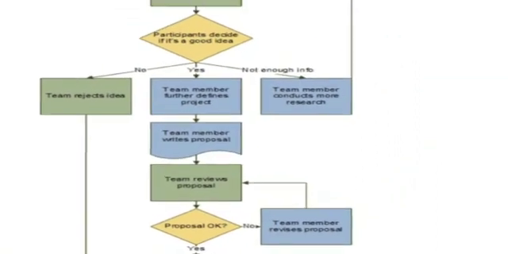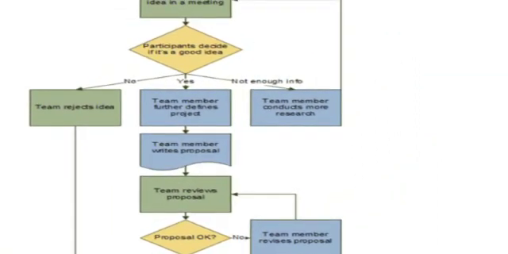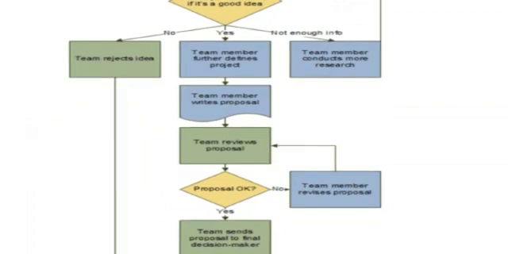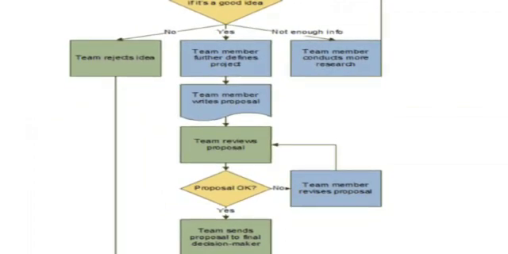And if not enough, like if we want to search more on it, if we want more information on it, then the process can continue. He can again tell his idea in the meeting, and then again they will discuss if the idea is good or not. Again the process repeats.